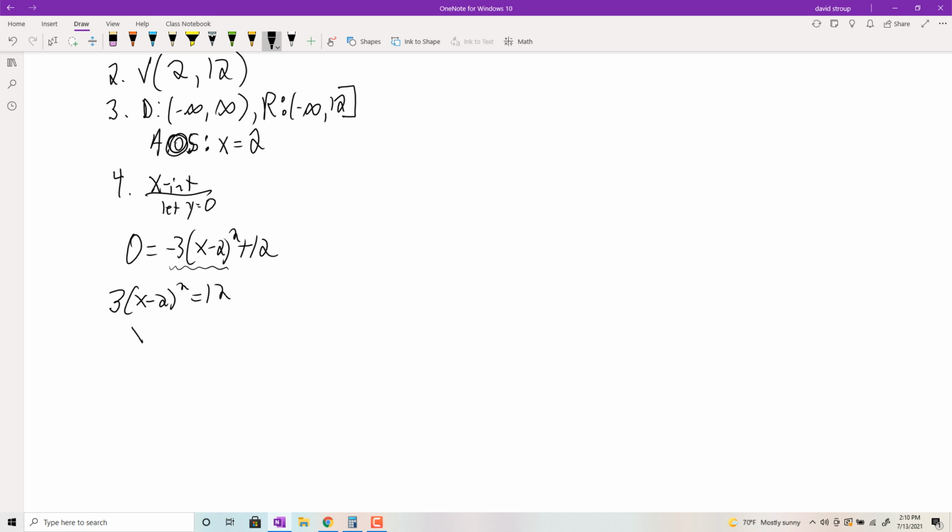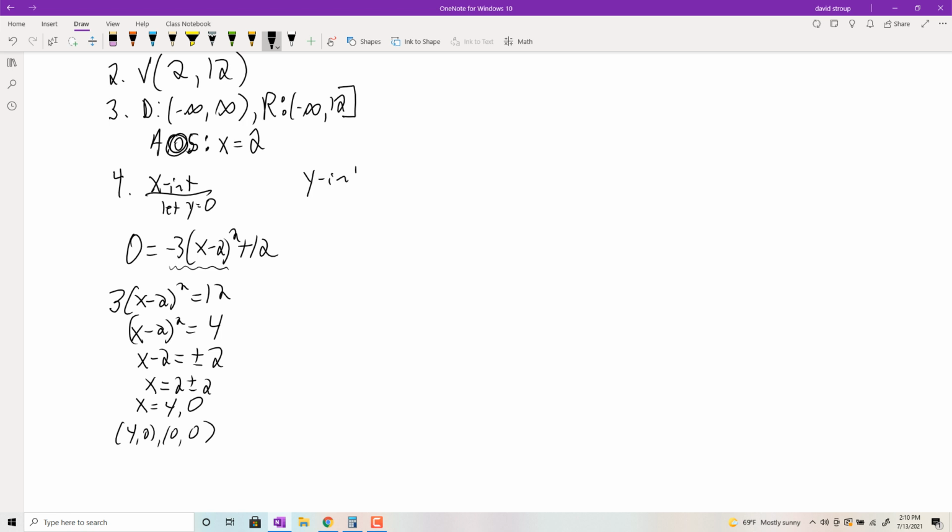Divide both sides by 3, and then you could use the square root property. So we get x is 2 plus 2 or 4, or 2 minus 2, which is 0. So our x-intercepts are 4, 0, and 0, 0.